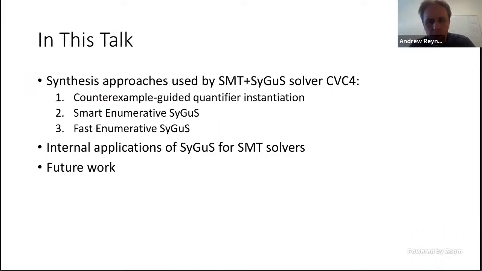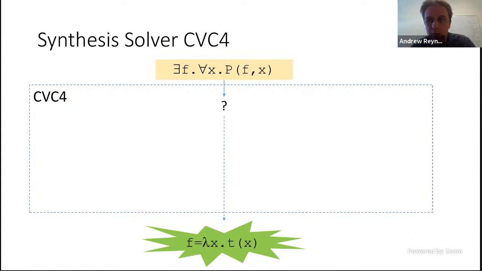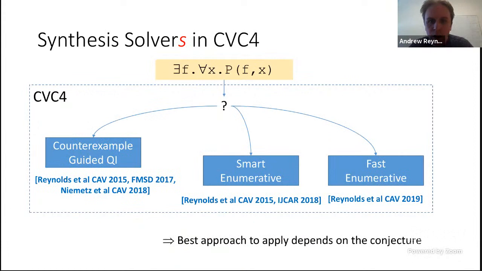In this talk, I'm going to give you 3 different flavors of synthesis in CVC4, how we solve these synthesis conjectures. I'll briefly mention some internal applications of SyGus that we have for making CVC4 better, and just briefly mention some future work. So given this high-level picture, we have this synthesis conjecture. We want CVC4 to somehow magically solve it and give us a solution. As I mentioned, there are actually 3 different independent solvers within CVC4.